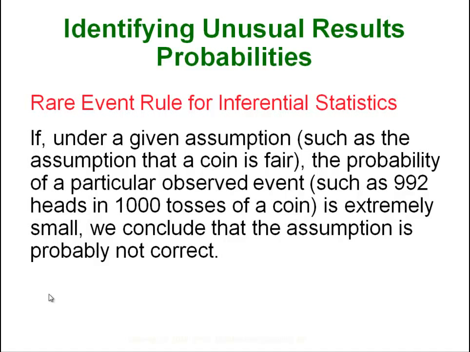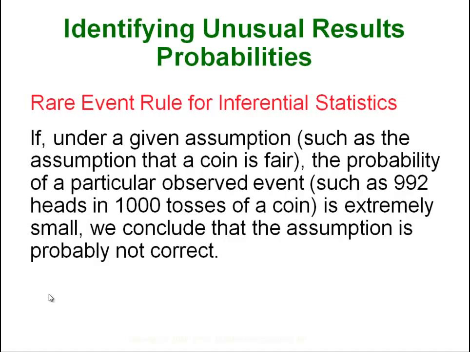So we would imagine it would be extremely unlikely, not impossible, but extremely unlikely to toss that coin 1,000 times and get 992 heads. Because that's just way off from what you would expect. You would expect somewhere around half, somewhere around 500 heads. Now, obviously, 505 wouldn't be a big deal, and even 600 probably wouldn't be that unusual. But if we worked out the probability of 992 out of 1,000, we would see that it would be very, very tiny.